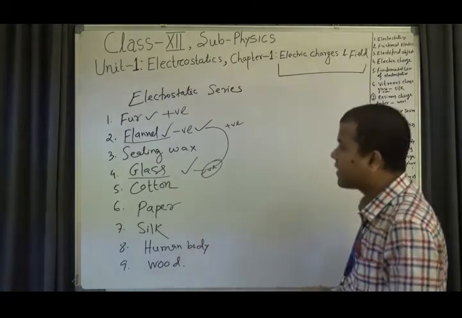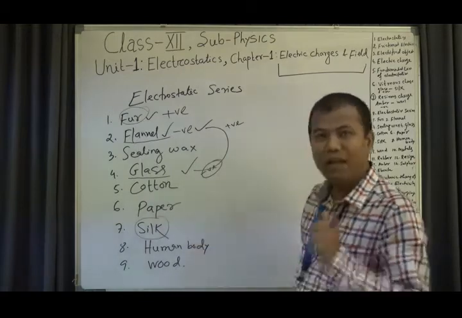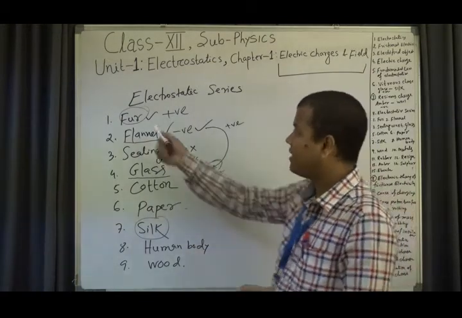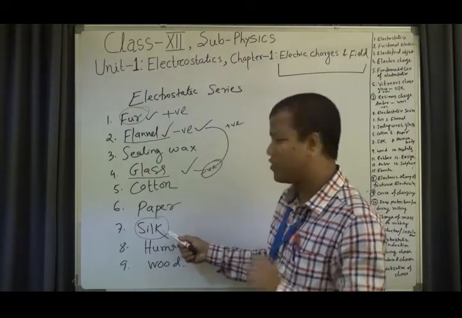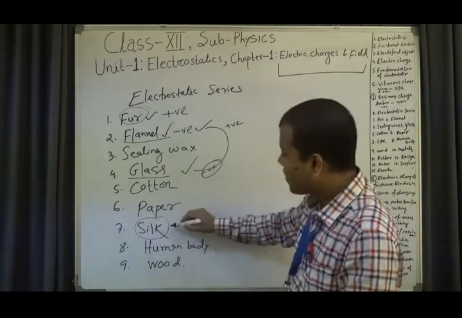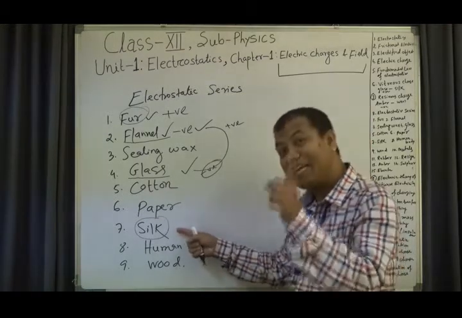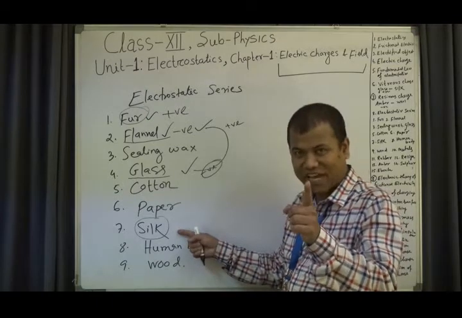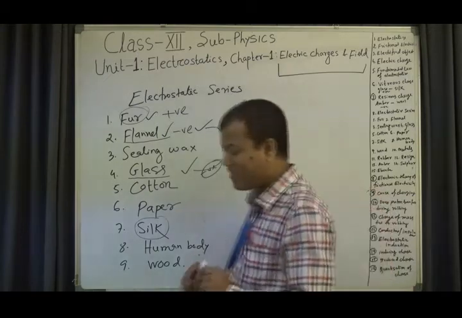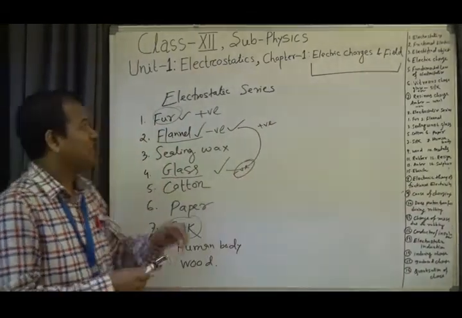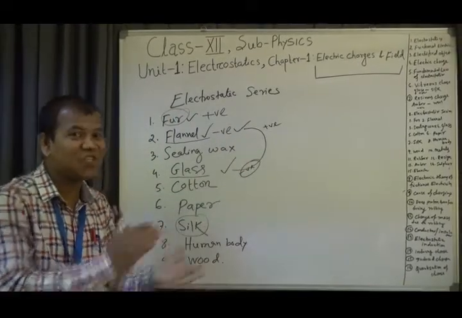Suppose you take fur and silk: the fur will acquire positive and the silk will acquire negative charge. But if you rub silk with the human body, then silk will acquire positive charge and the human body will acquire negative charge. This is very interesting: in this series, objects can change their characteristics.